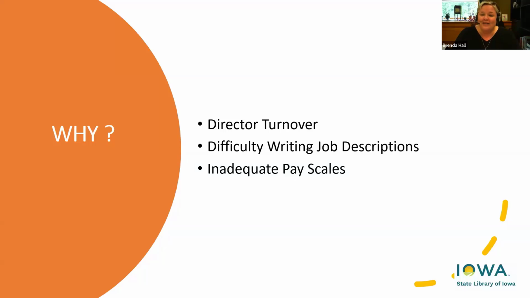We wrote into our plan, goal 1.4.2, develop a comparable worth plan to address pay inequity that contributes to staffing shortages and high turnover rates as a way of improving library operations in Iowa.